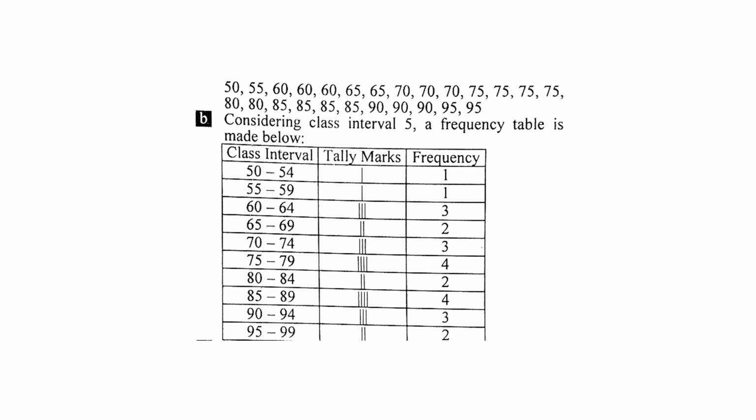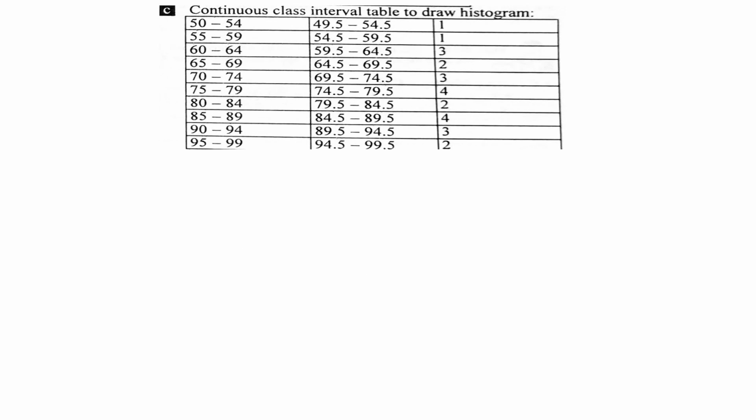Now I'll discuss the last question, that is question number C. Question number C was, find the mode from the graph after drawing a histogram. We need the continuous class interval to draw a histogram.